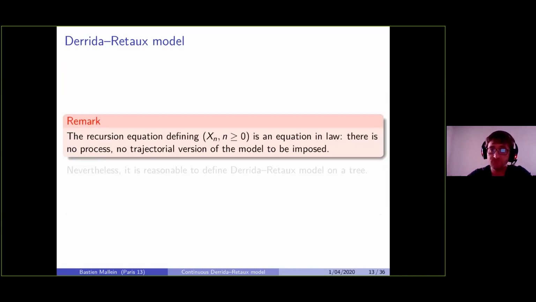Just a quick remark: the recursion equation is an equation in law. So far, I didn't talk at all about a process, a Derrida-Retaux process, right? You just take at every stage 2 independent copies of the random variable x n. But there is a natural way to describe the Derrida-Retaux model, and it is to describe it on a tree.